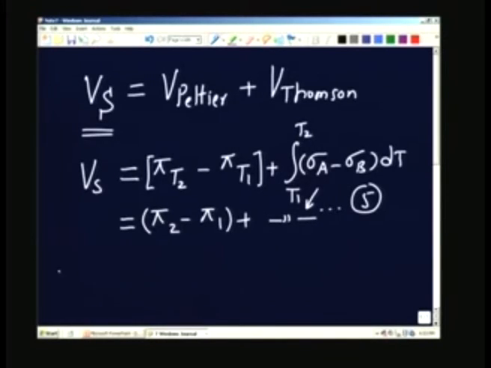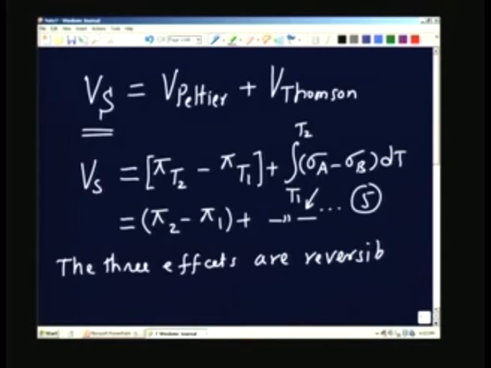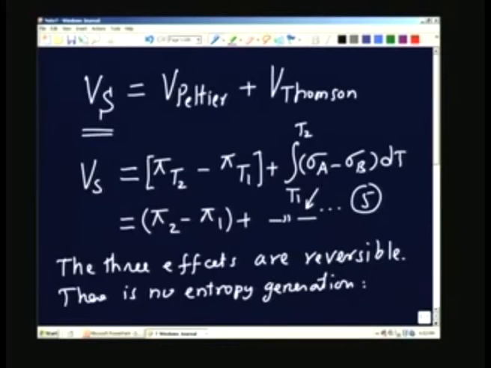Now, I am going to invoke the fact that the three effects are reversible, and what it means is that there is no entropy generation, or the change in the entropy is 0, because these are all reversible processes.